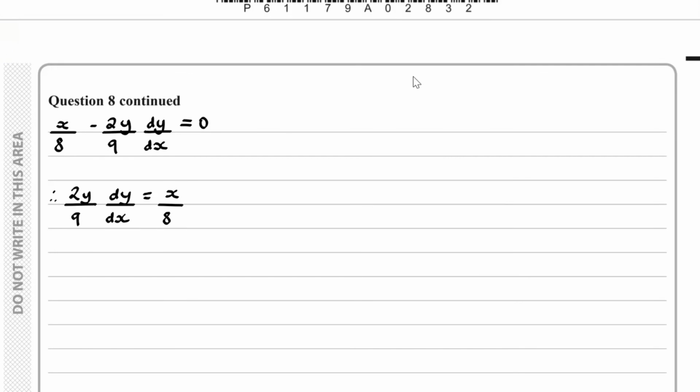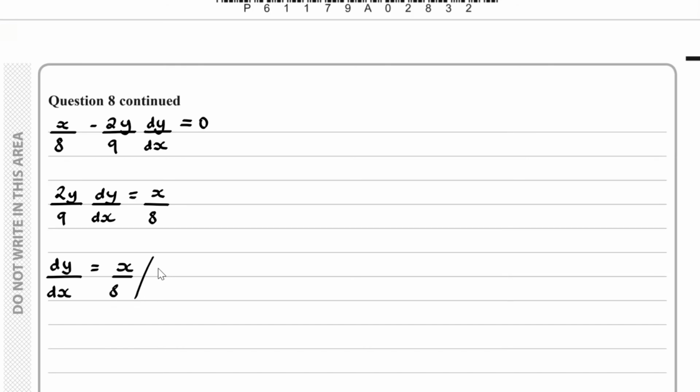So if we rearrange this equation for dy over dx, we have dy over dx equal to x over 8 over 2y over 9, and therefore dy over dx, hopefully you can see, is 9x over 16y.